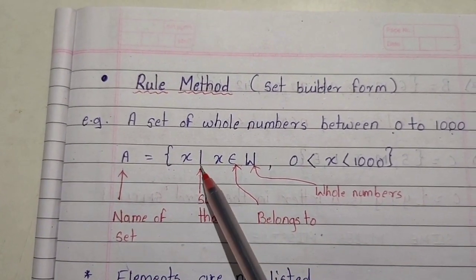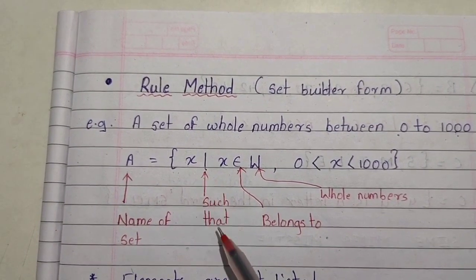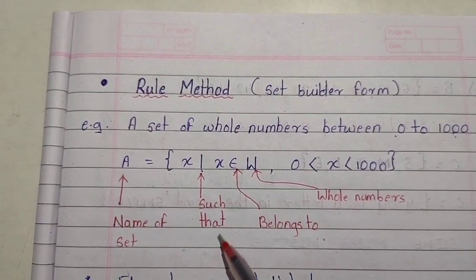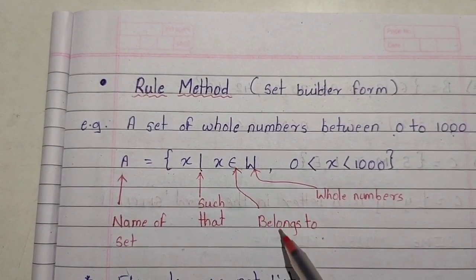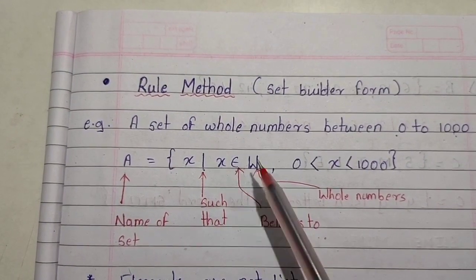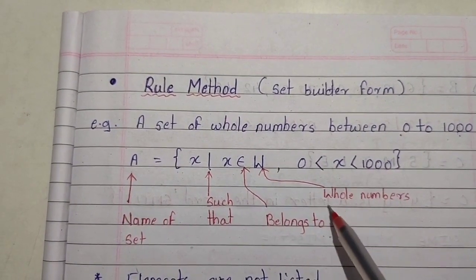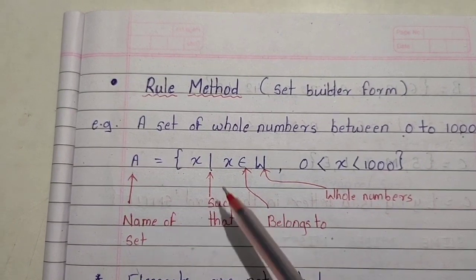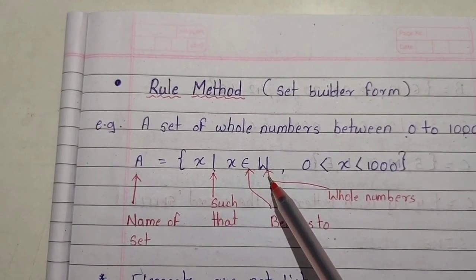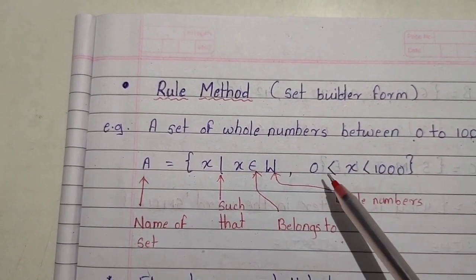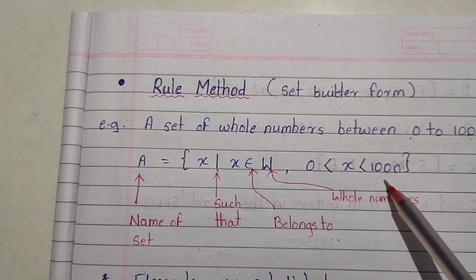This standing line is read as such that. This is the symbol of belongs to, meaning x belongs to W, where W means whole numbers. So x belongs to whole numbers and x is between 0 to 1000.